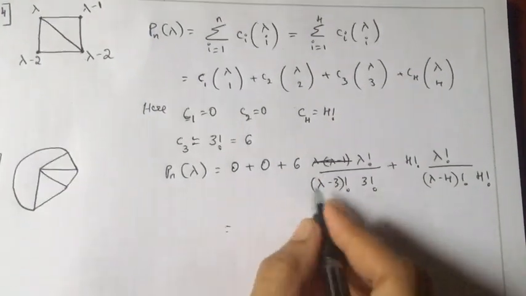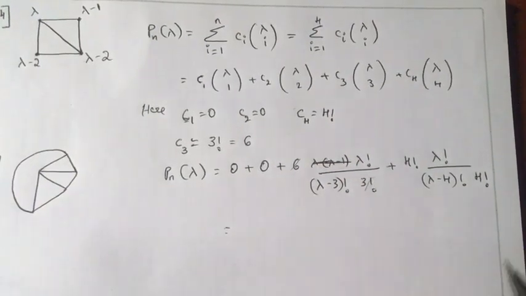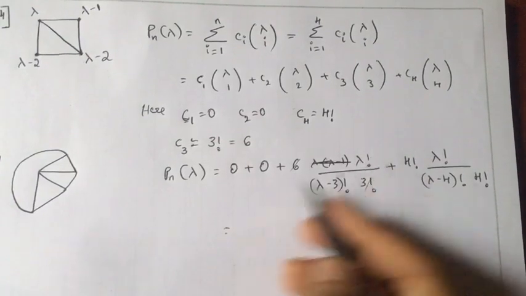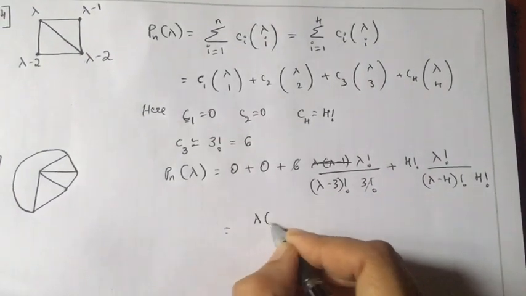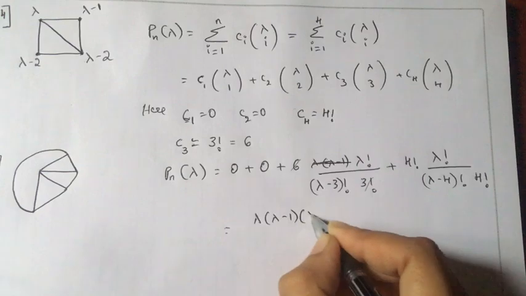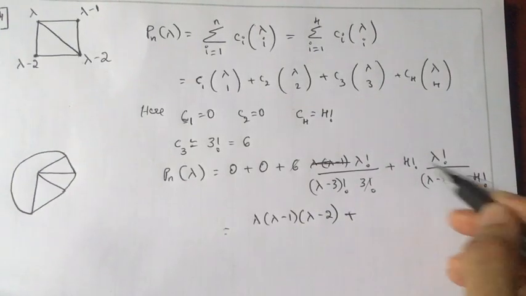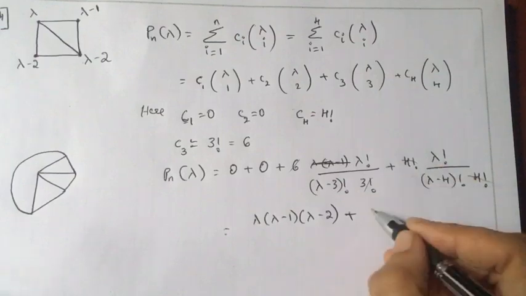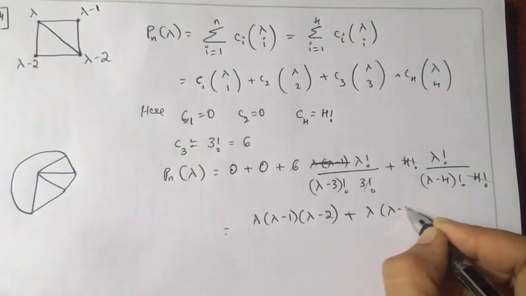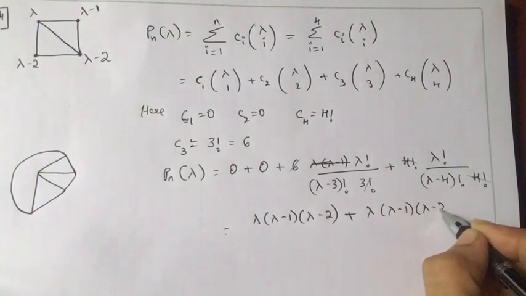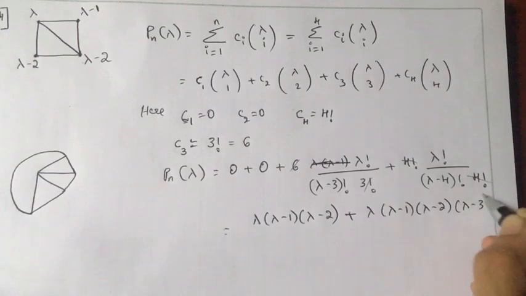So this 3 factorial and 6 will get cancelled. I'll be left with lambda into lambda minus 1 into lambda minus 2 over here. And here this 4 factorial will get cancelled. I'll be left with lambda into lambda minus 1, lambda minus 2 and lambda minus 3.